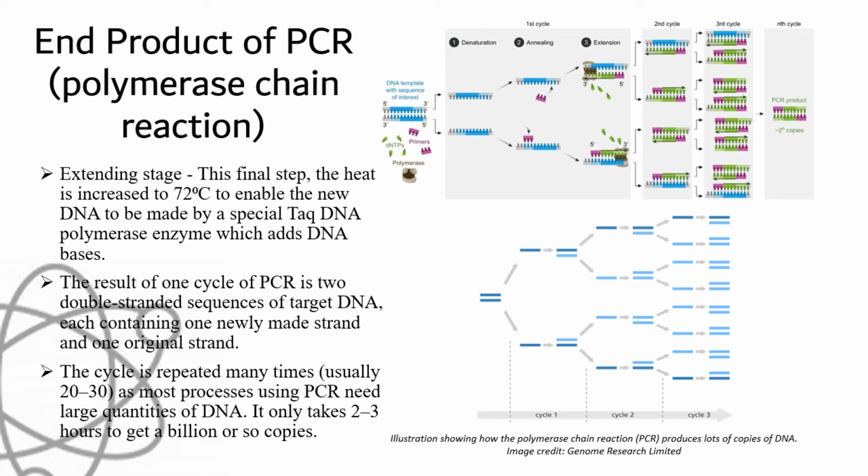The result of one cycle of PCR is two double-strand sequences of target DNA, each containing one newly made strand and one original strand.